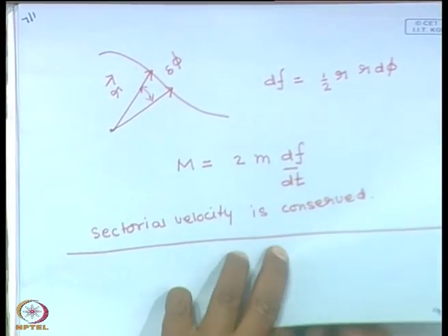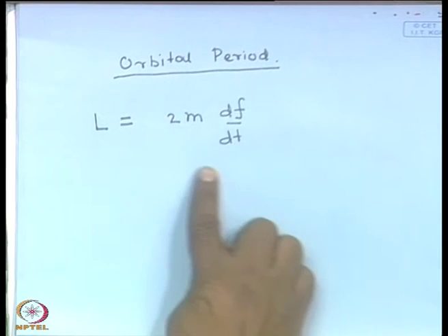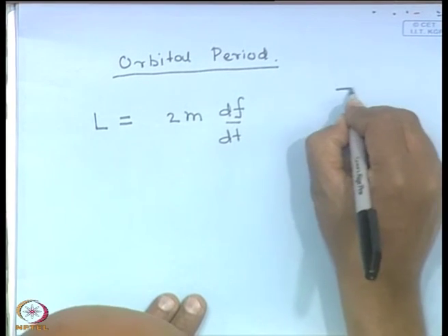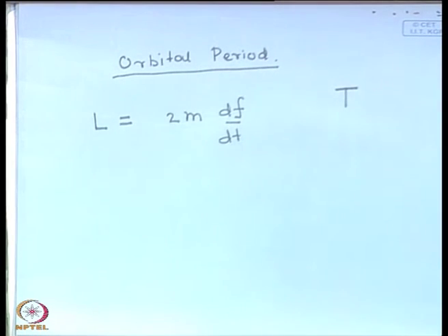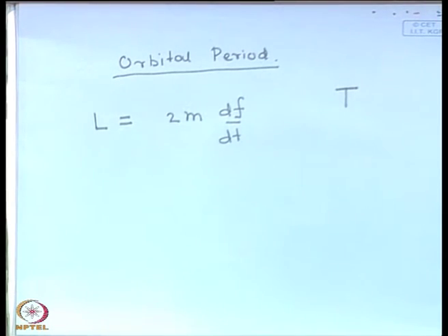Okay, we saw this is true for any central force problem. So, now what we can do is, we could integrate this equation over one whole orbit. So, let us say that the orbital period is T.